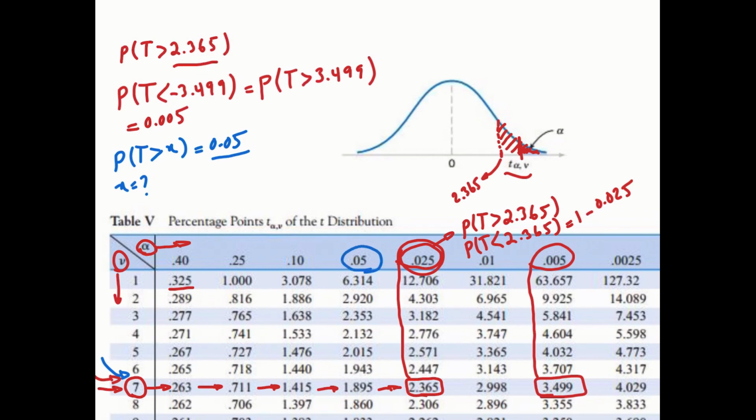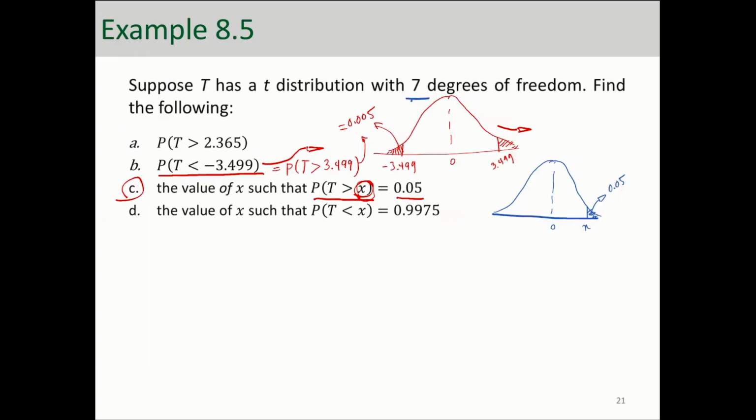In the first row, we find 0.05 on the 4th column. The x that we're looking for is 1.895, because probability of t greater than 1.895 is 0.05. So x is equal to 1.895.